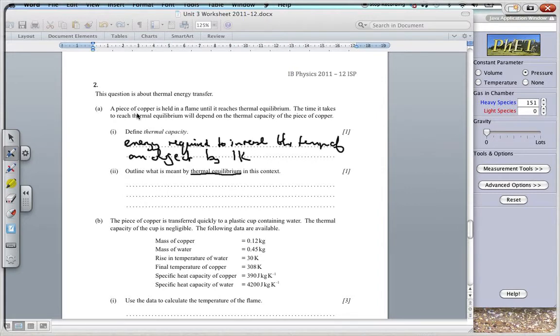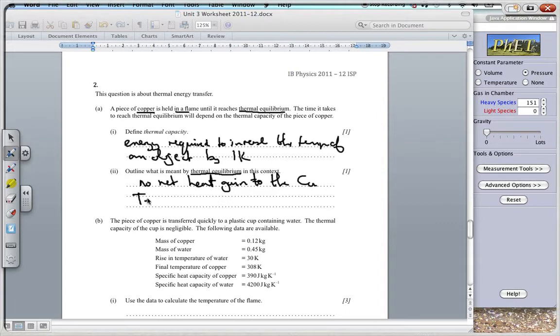We have a piece of copper held in a flame and it reaches thermal equilibrium. The time it takes to reach thermal equilibrium will depend on the thermal capacity of the piece of copper. So thermal equilibrium is basically a point where there is no net heat gain to the copper.